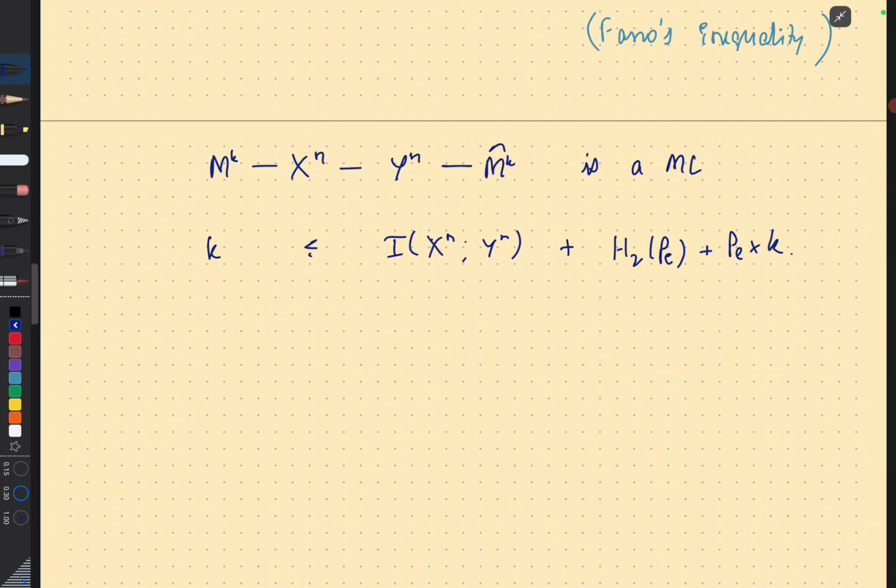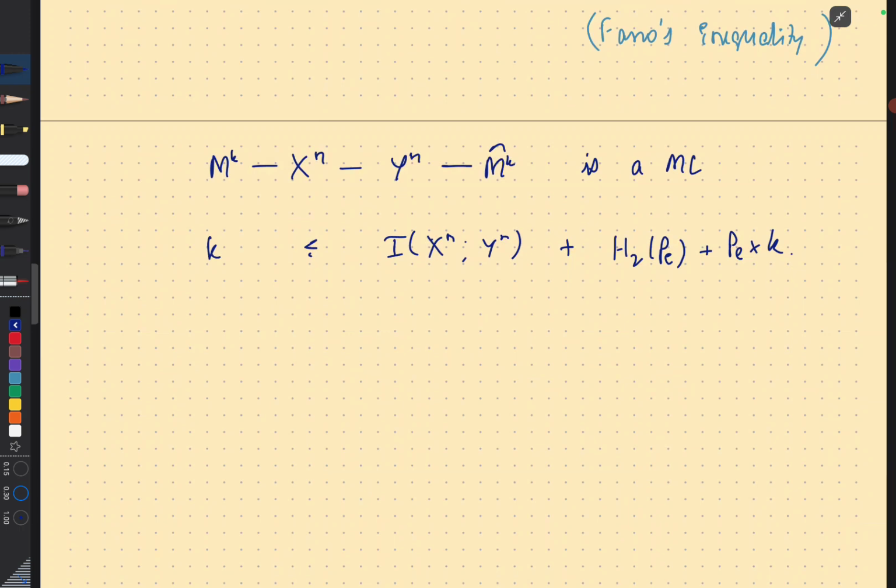Right? Now at this point, I still can't say that I xn yn is less than or equal to n times the capacity. I can't say that directly at this point. So I somehow need to make use of the fact that the channel is a discrete memoryless channel. I need that particular property.